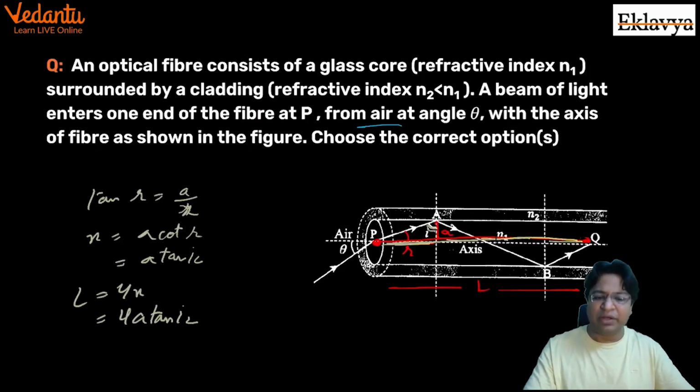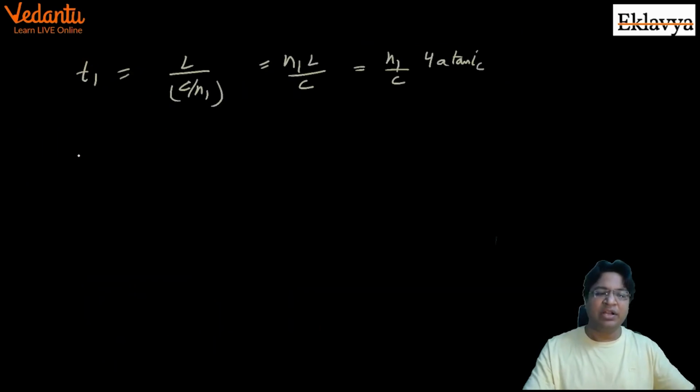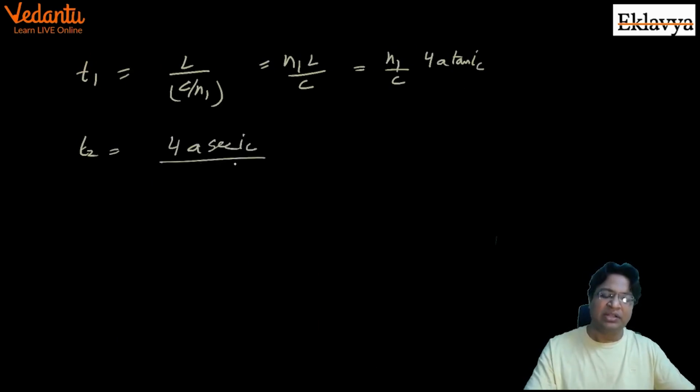To calculate T2, I first need to calculate this length. If this angle is ic, this is a sec ic, and 4 times of that. So for the second ray, the distance would be 4 times a sec ic, and then we divide it with the speed, which is again c by n1. So this time will of course be more.